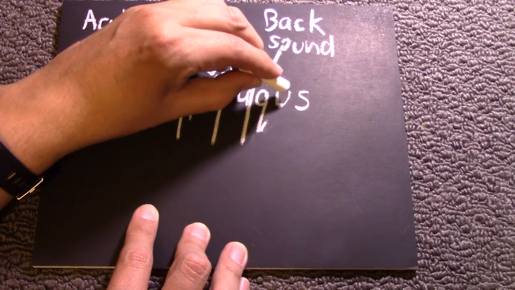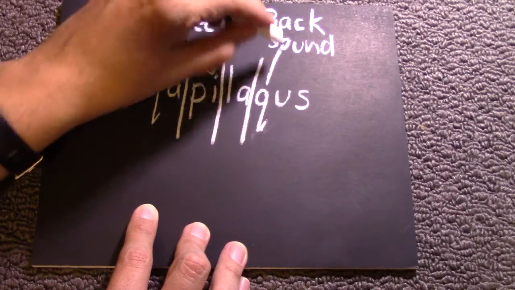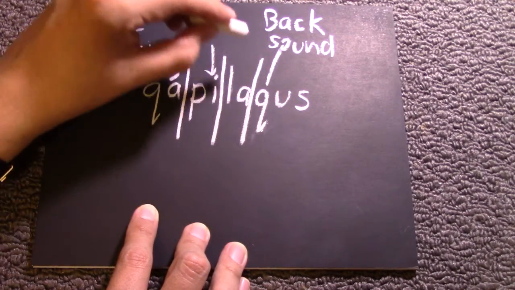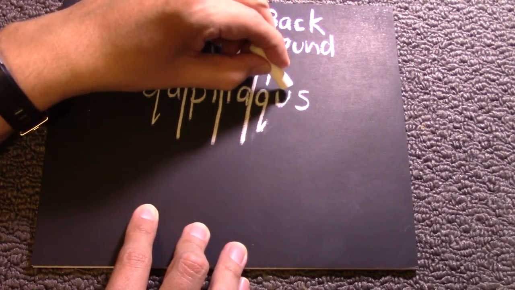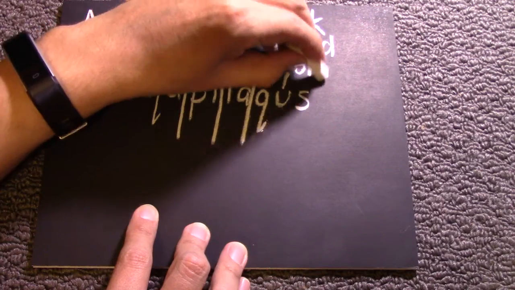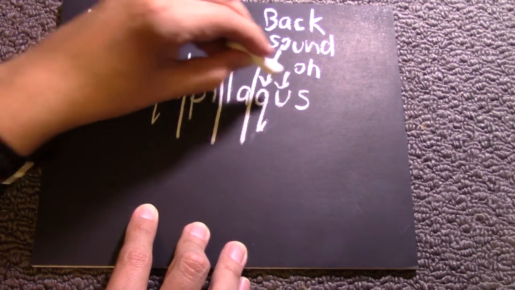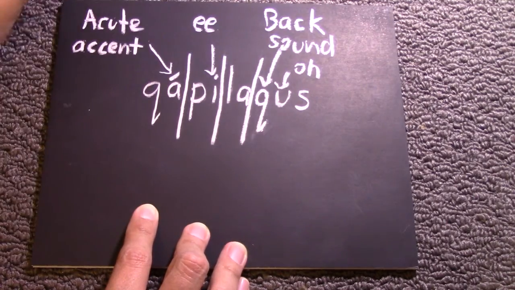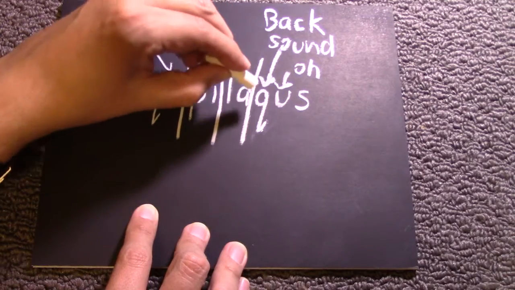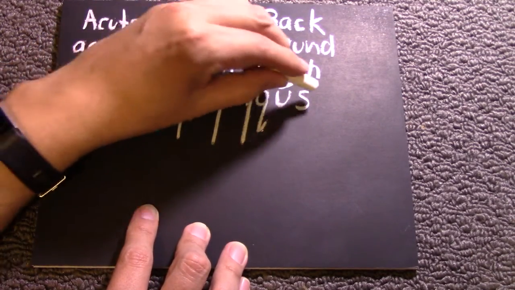Under normal circumstances, a U would make an oo sound, but since it comes after a back sound, that tells us we're changing the sound of that U. So this U now sounds like O. And the S is a regular S. So we're not saying kus, we're saying kos.